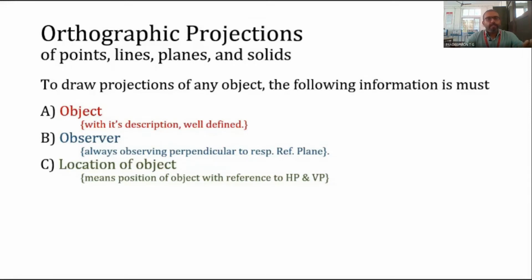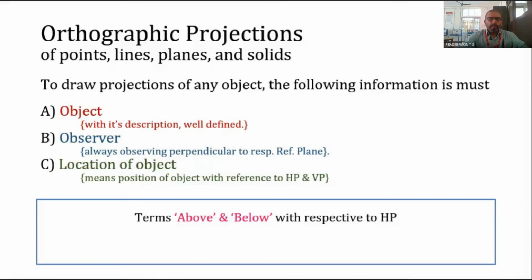But the object as well as the location of the object is important. Whenever you are looking into a particular problem, first you have to identify what the object is, and second, what the location of the object is. Depending on the location of the object, we have to draw the projections.